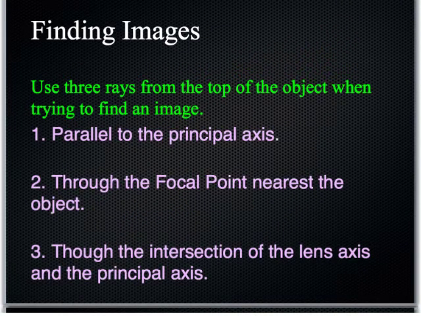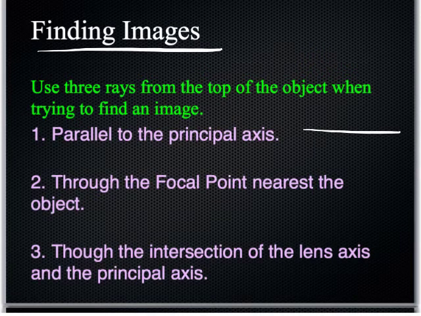Then when we find images, we're going to draw a diagram to scale, using a ruler. We'll draw the 2 axes, draw the actual lens, and draw in the 2 focal points. We'll draw the object, and then use that setup to find the image, all to scale.